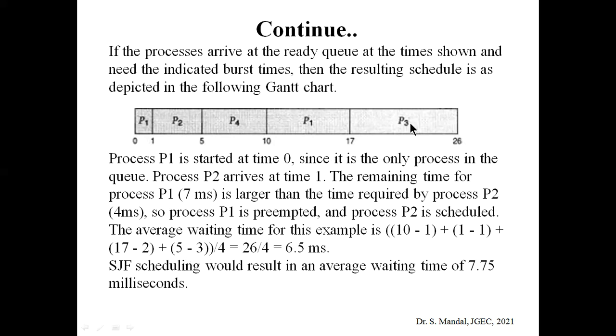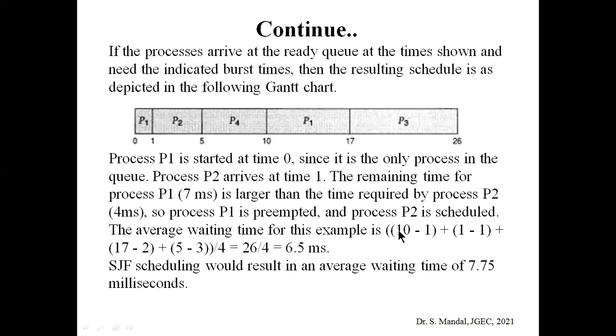And for the P3 process, as per the Gantt chart, we need to wait until 17 milliseconds, but as the arrival time is 2 milliseconds, the waiting time for P3 is 17 minus 2, that means 15 milliseconds.